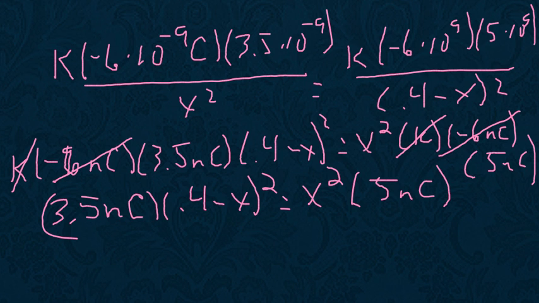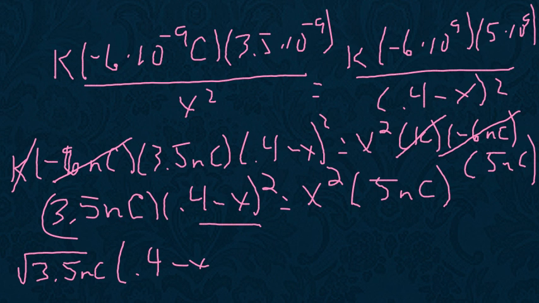Well, I could go ahead and make this a quadratic and go through all that 9 yards, or I could make my life a lot easier. Take the square root of both sides. Square root of 3.5 nanocoulomb times 0.4 minus x is x times square root of 5 nanocoulomb. That's a lot simpler than working with a quadratic.